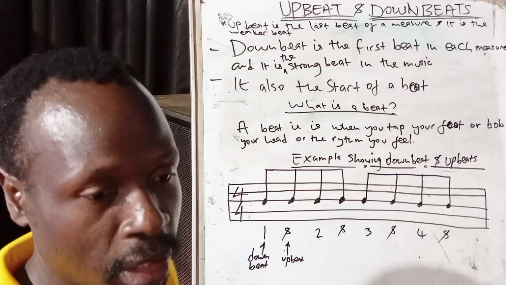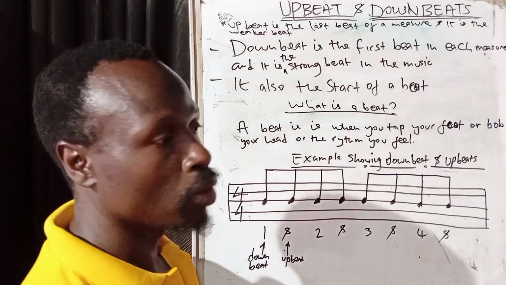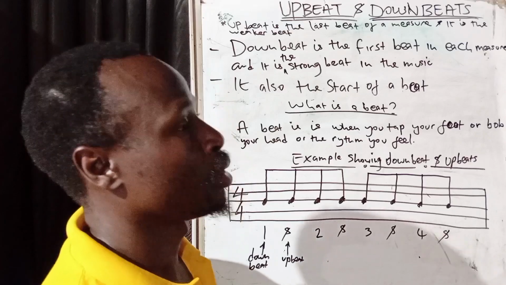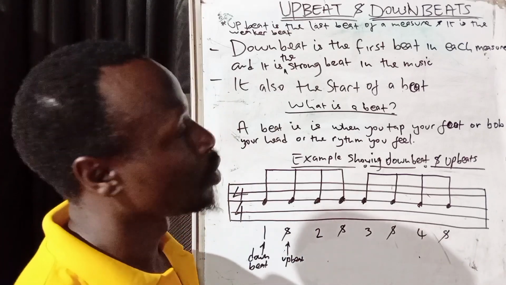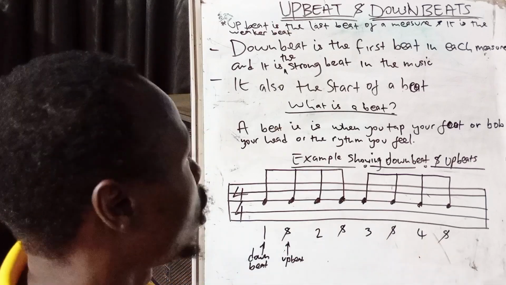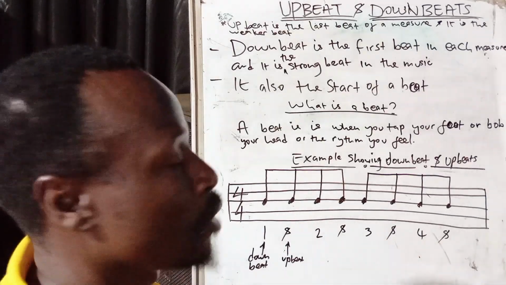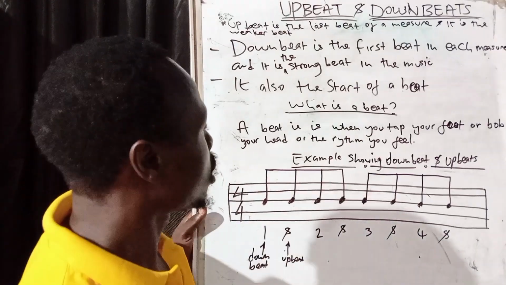When music starts to play and you begin to bob your head or tap your foot, you're already in rhythm. That's already a beat you're creating. So that is simply it.